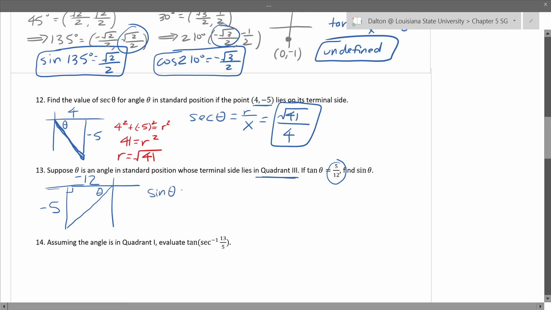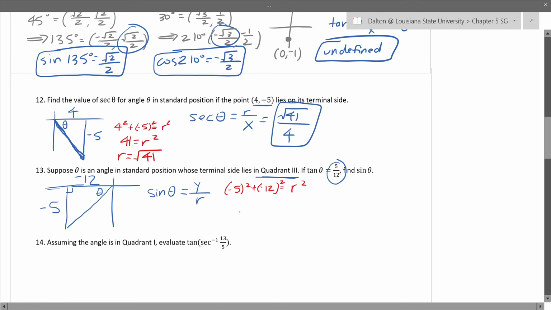If we remember that the sine is opposite over hypotenuse, or y over r, however you want to think about it, then again, we need the radius. So let me use the Pythagorean theorem. I'm going to do negative 5 squared plus negative 12 squared equals r squared.